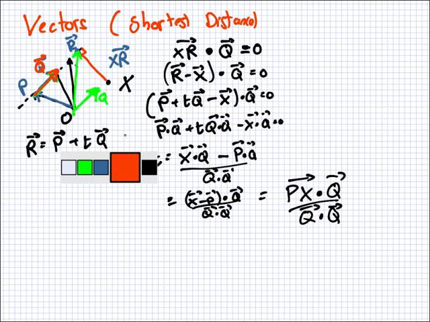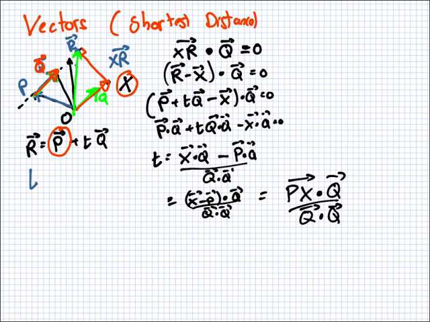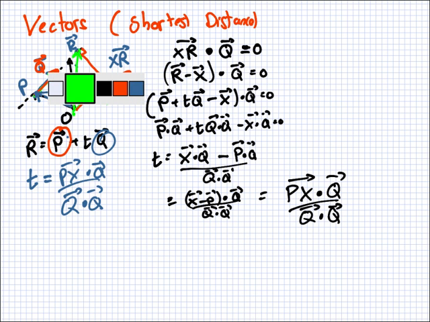So if you know this point P, and if you know this point X, then you can calculate the t as PX dot Q over Q dot Q. This will give you the t to make this point.